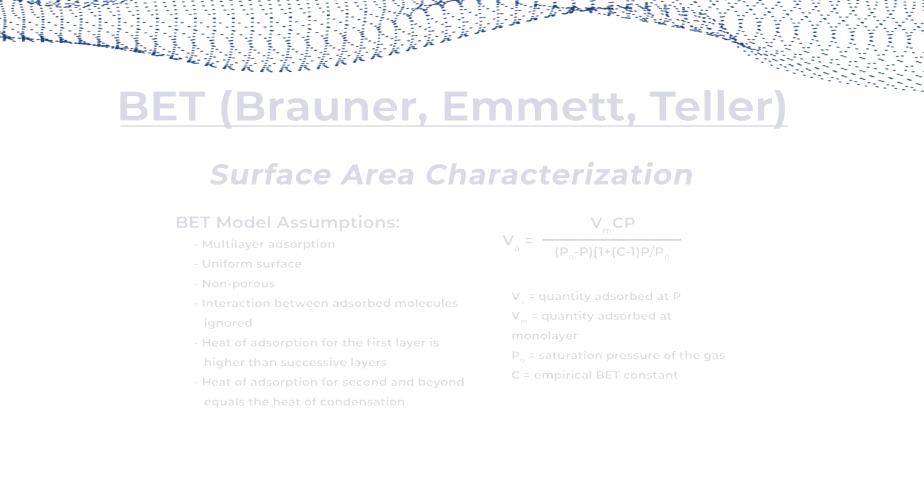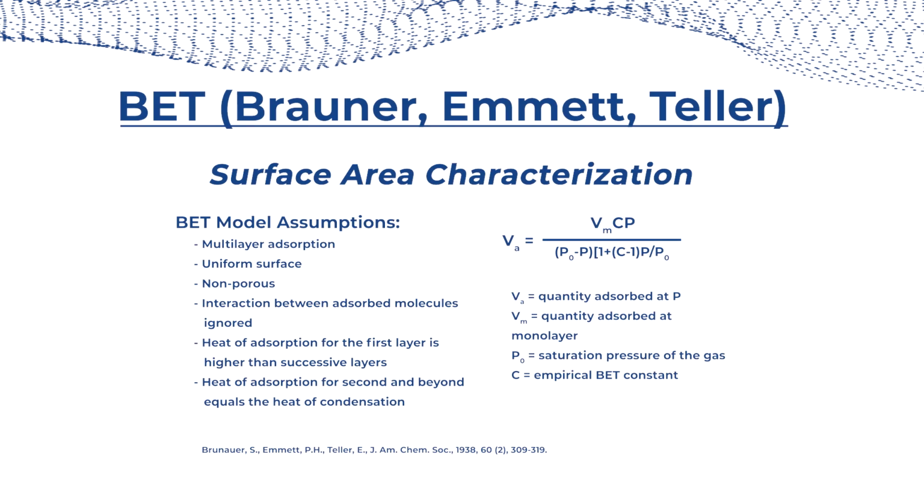So here are some assumptions of the BET model. We assume that there's multilayer adsorption happening, and that the sample has a non-porous and uniform surface. The interaction between the adsorbed molecules is ignored. The heat of adsorption for the first layer is higher than the successive layers. And finally, the heat of adsorption for the second layer and beyond equals the heat of condensation.